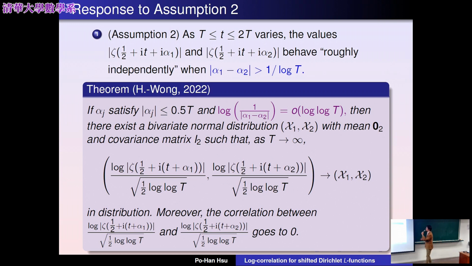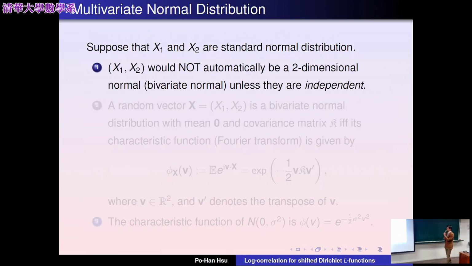And as you can see, our condition is different from Harper's original one. We will explain it in 2 slides later. Okay. So now, some more probability course. If we have two standard normal distributions and we put them together as a vector naively, you can check the textbook: you won't automatically get a 2-dimensional normal unless they are independent. Okay.